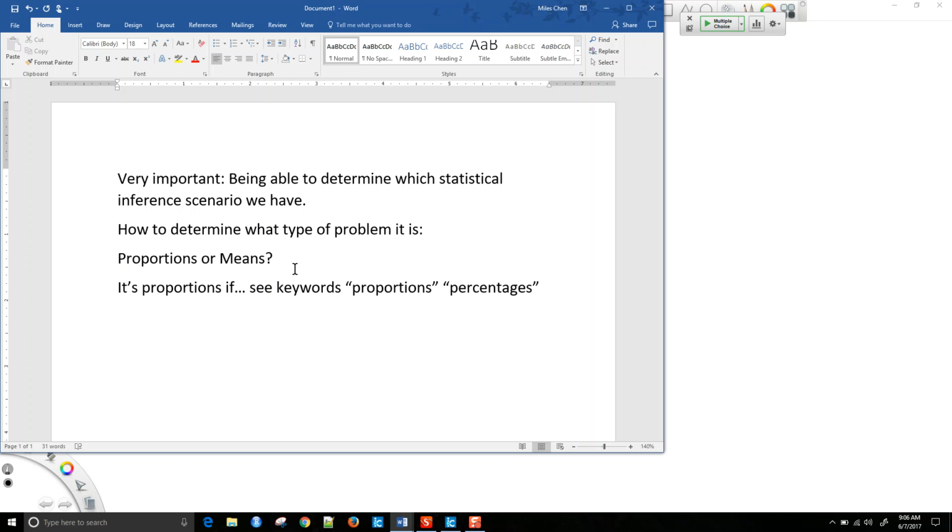Or if the data is provided as counts. The other thing that will tell you that it's proportions, well, the overall part is you have a categorical variable. Okay, so if you have a categorical variable, it's going to be proportions. And you'll see keywords like proportions or percentages, and the data is going to be provided as counts.